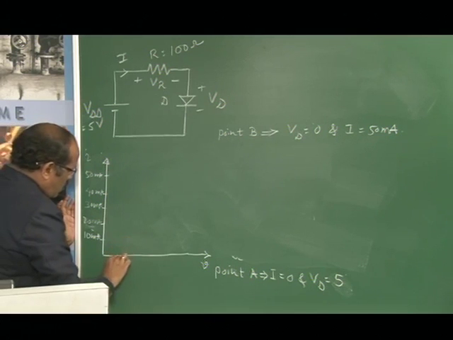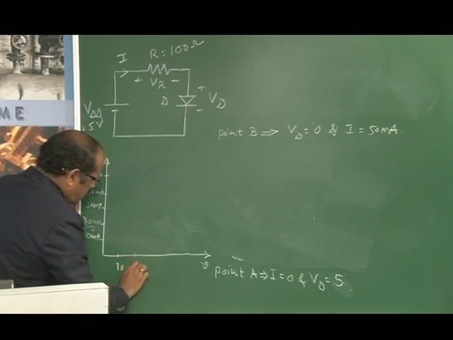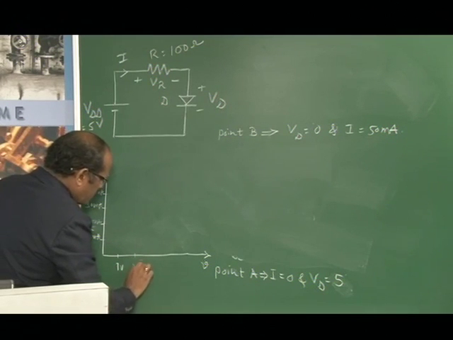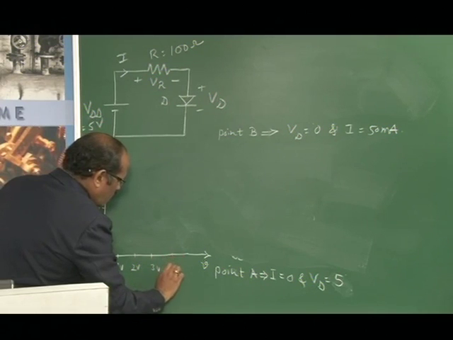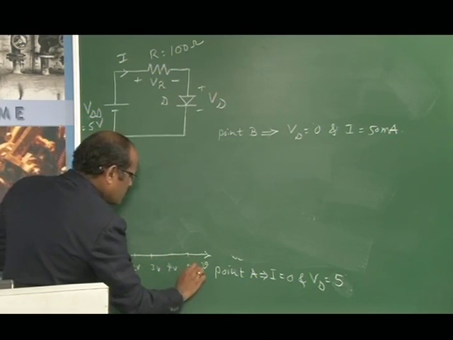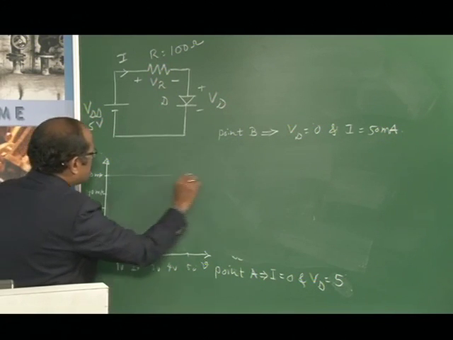Correspondingly we will have 1 volt, that is the diode drop, then 2 volts, 3, 4 volts, then 5 volts.